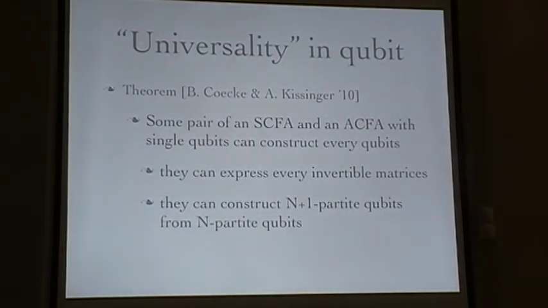In the two-dimensional quantum system, it has been shown that some pair of an SCFA and an ACFA can construct every qubit with the help of single qubits. They can express every invariant matrix, and they can construct n plus one partite qubits from n partite qubits. So, using these two properties, this universality can be proved.